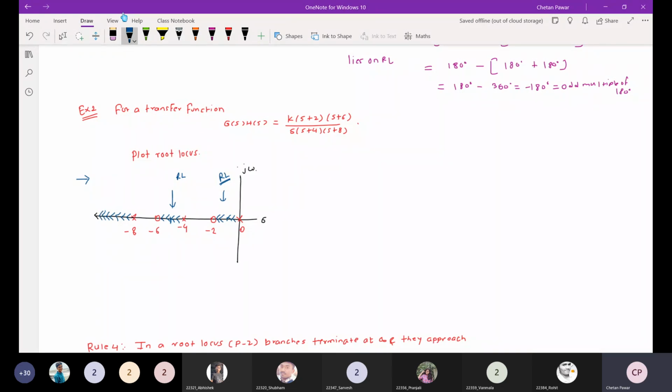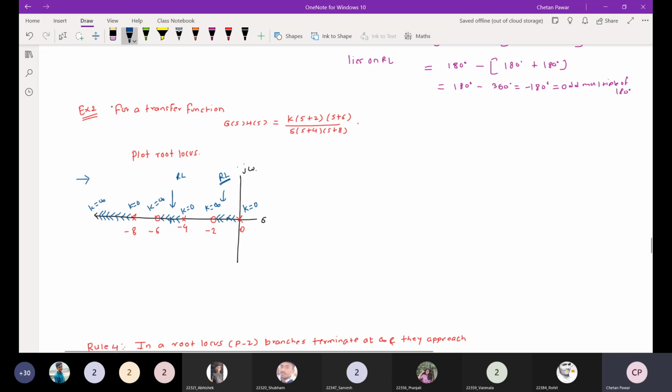As we know, at a pole the gain is 0, and at a zero the gain is infinity. So K equals 0 to K equals infinity. In such a way you can draw the root locus branches, just by applying rule number 3.